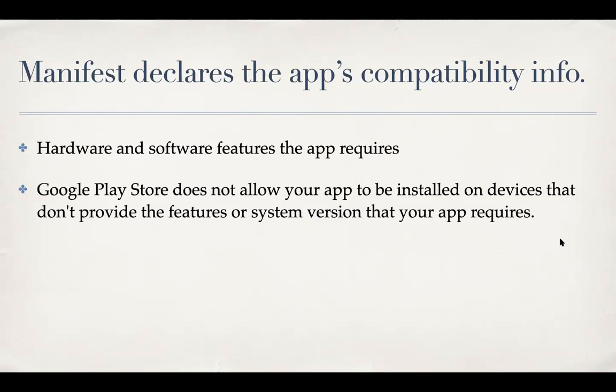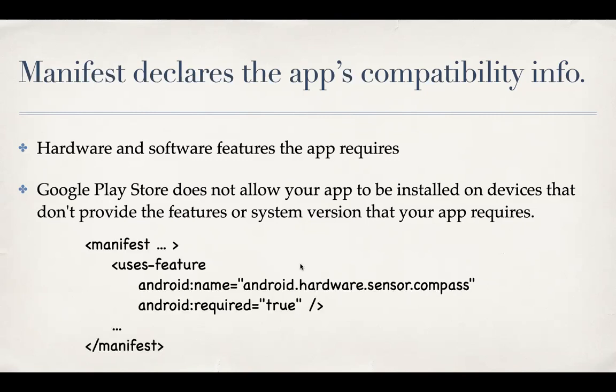So again, we don't have any example of this in our current Greetings app, but this is how you can specify it. Under manifest, you can say uses feature, and here it says android hardware sensor compass. So this app is going to use the compass, so it should not be installed on devices that don't have a compass. Okay, and it's required true, so it should be checked at install time.